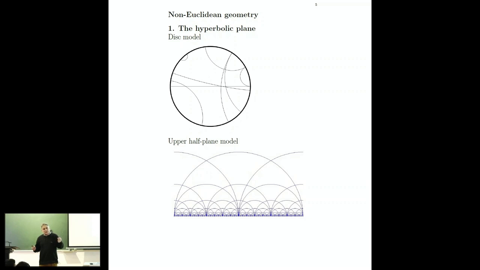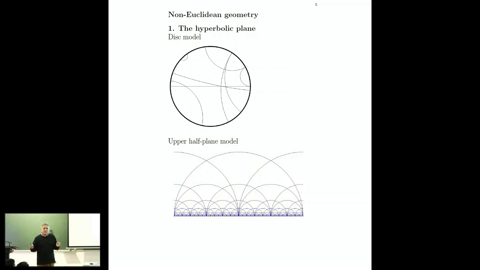In hyperbolic geometry, you have straight lines, which are curved here, but they are straight lines of my geometry, which are the shortest path between two points.